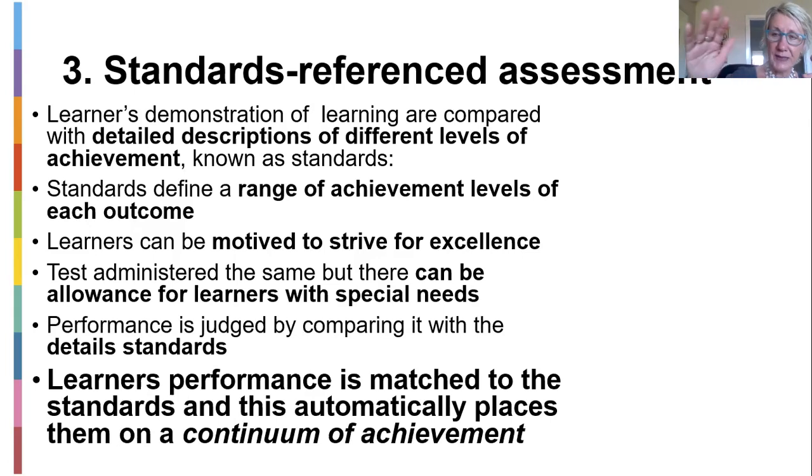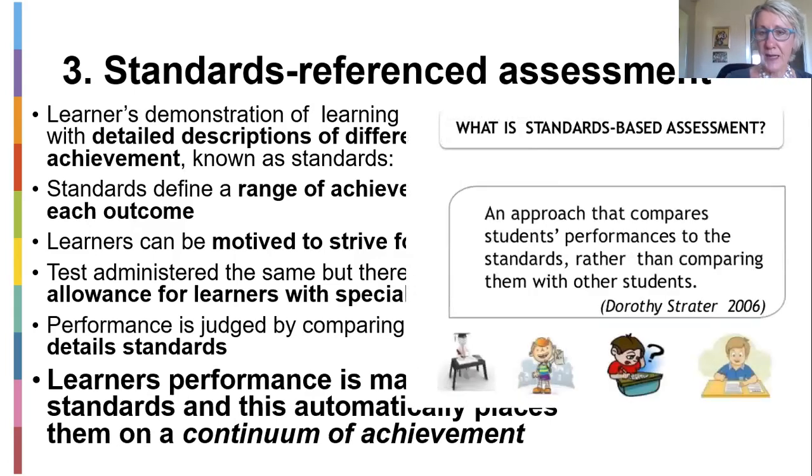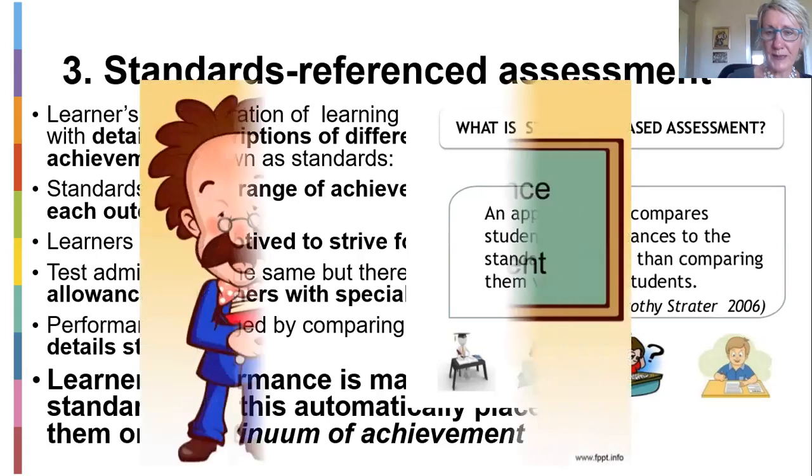Okay, so they've got a 7, a 6, a 3, or a 2. The standards-based approach compares the students' performance to the standards rather than comparing them to other students. So if I've got a 7, I'm not being compared to someone else like in the ranking. I'm just giving you what my performance is.